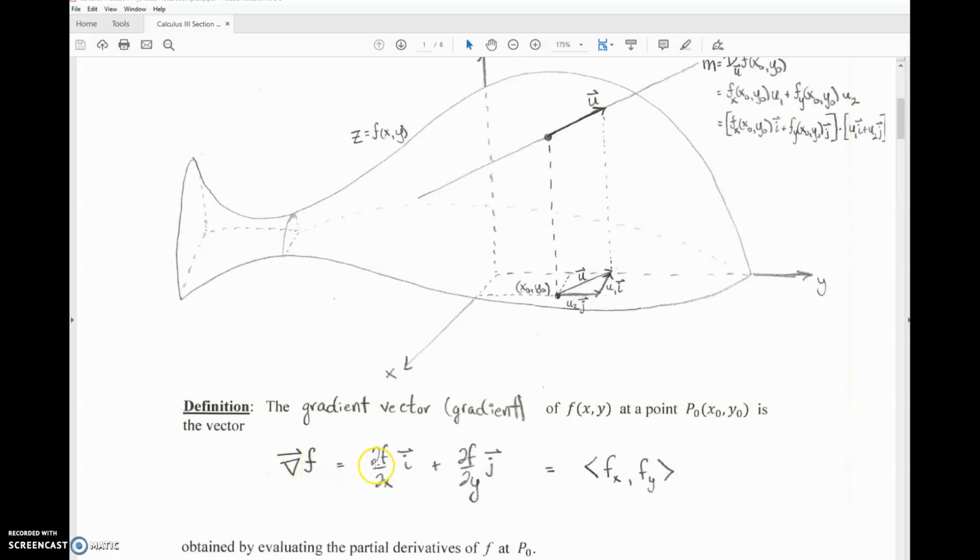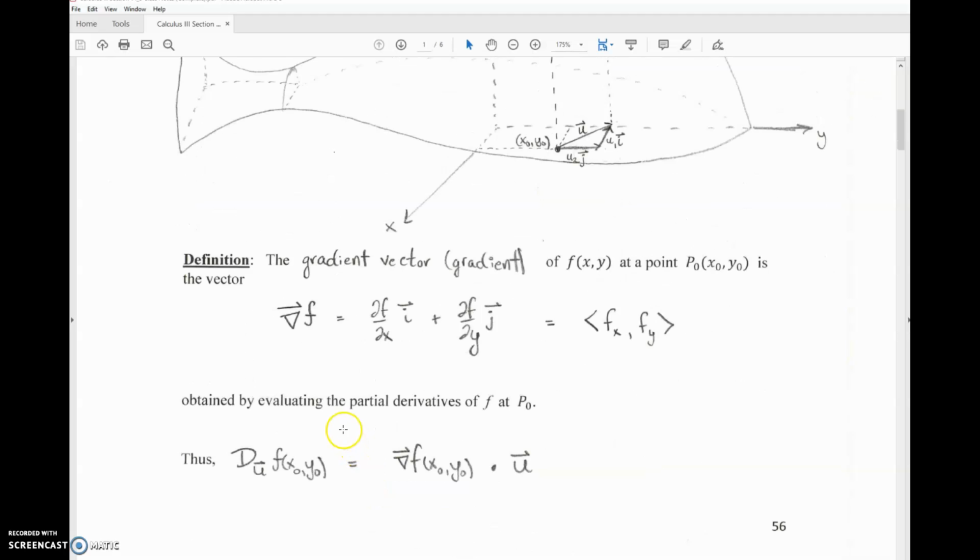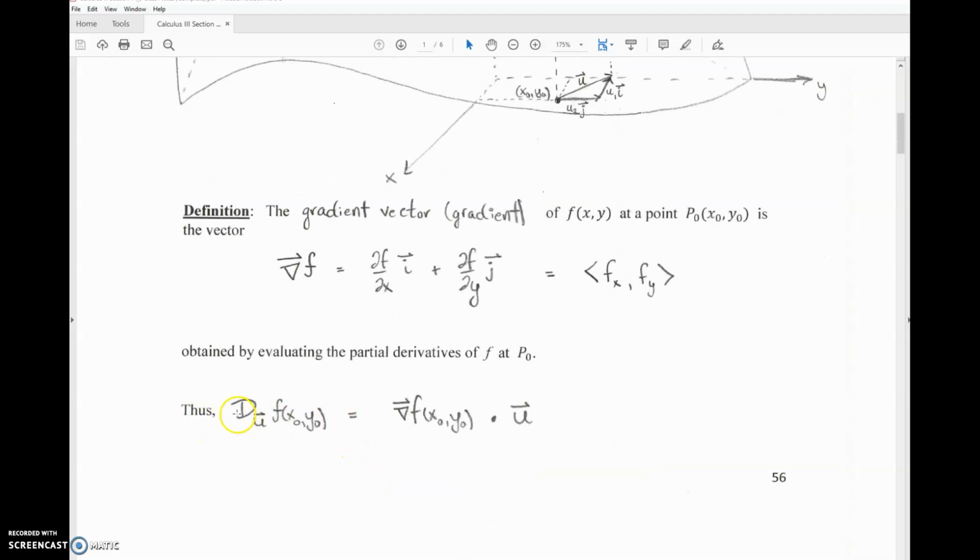It's the partial of f with respect to x in the i direction plus the partial of f with respect to y in the j direction. Or if I use my bracket notation, it's f sub x, f sub y in brackets. So the directional derivative, the derivative of f in the direction of the vector u, is grad of f dotted with u. And of course, these are evaluated at x naught, y naught.